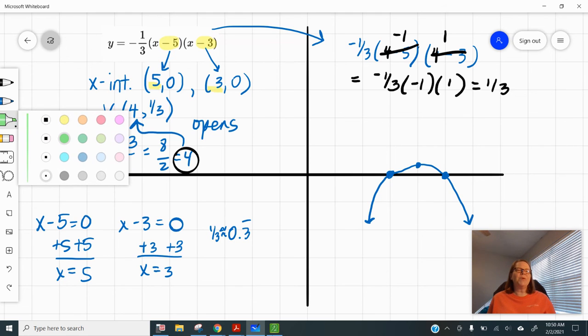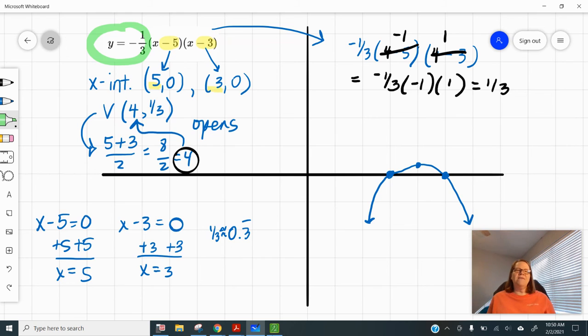It's going to be super quick. We look at the a value, that number that's right after the equal sign. In this case, it's negative 1/3. A is negative 1/3. And if it's negative, then it opens down. So our graph is good to go.